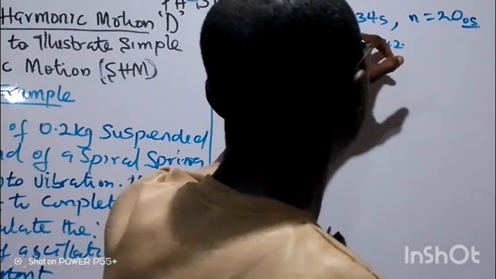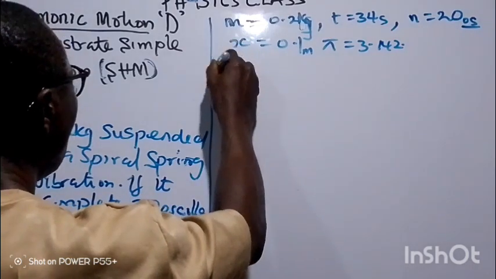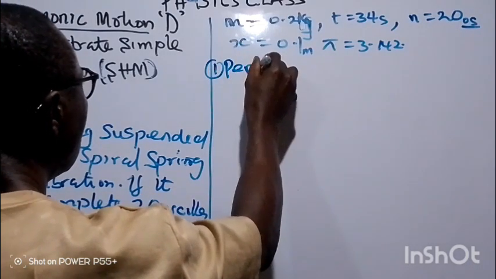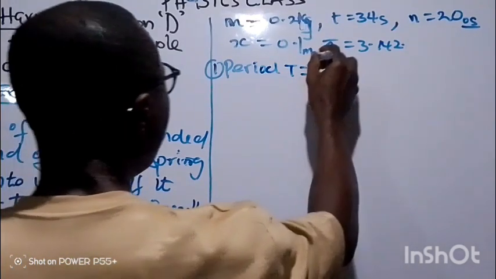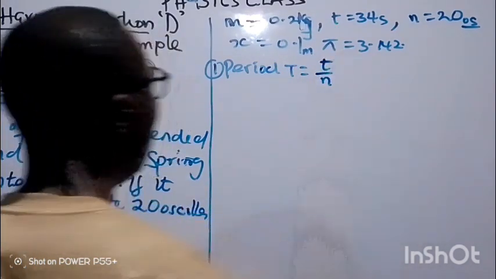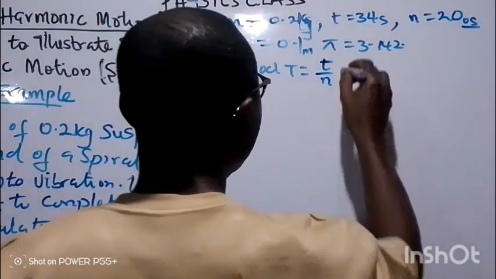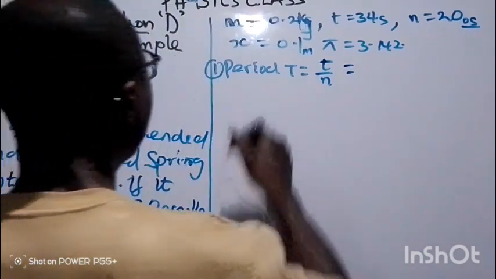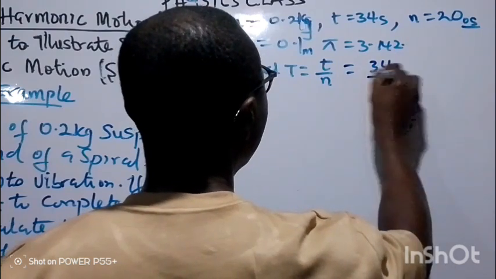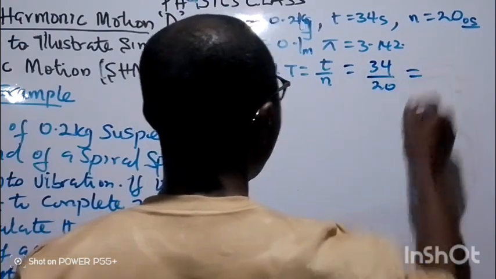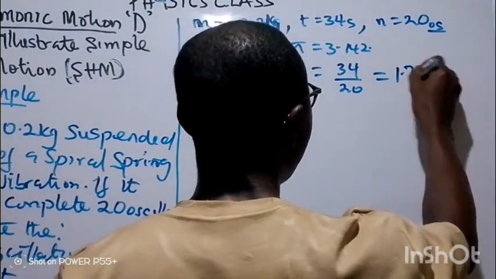To calculate the period, 1 period T will be equal to the time taken over number of oscillations. The time taken according to the question is 34, number of oscillations is 20. The answer to this one, as I said, will be 1.7 seconds.